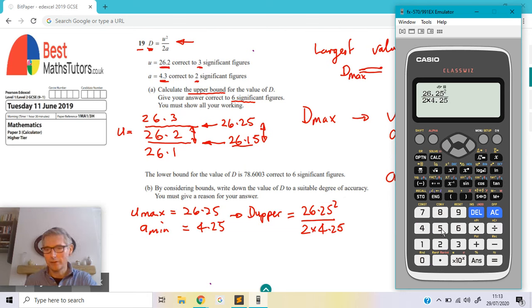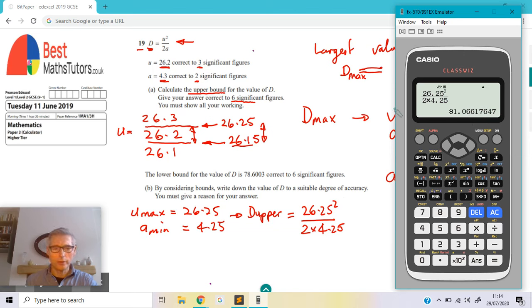So if we just do that, it gives it in that form. So these are very standard calculators that you would actually get. So it's very useful to get used to how we can deal with this. So it's given in that form, but that's not the form we want it. So if we press the SD button there, it'll put it in as a decimal. So if we press that, we can see we've got all these figures here.